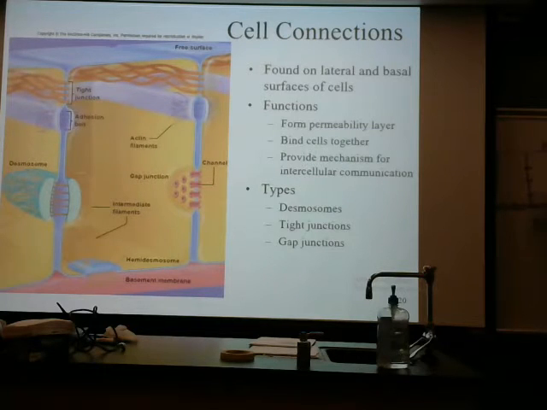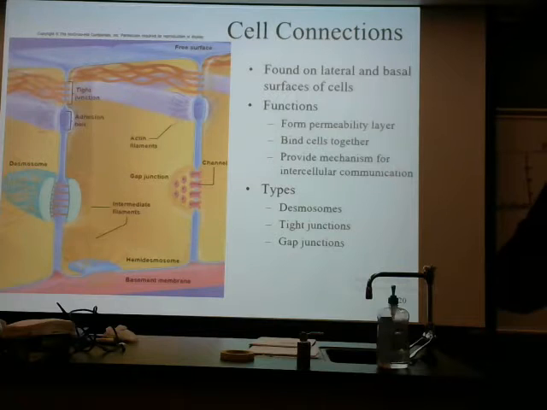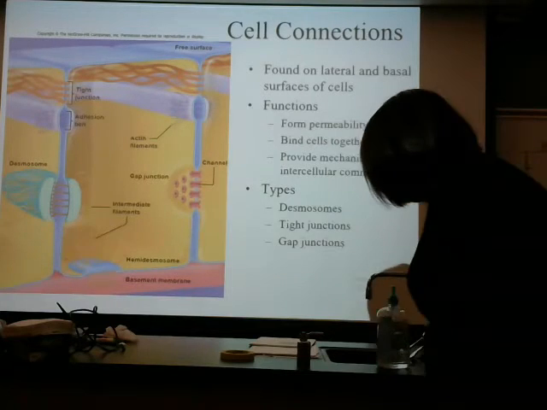So they'll be to this side, or to the bottom. Because the apical surface, sometimes the apical surface is pointed towards space. Now, what do I mean by that?